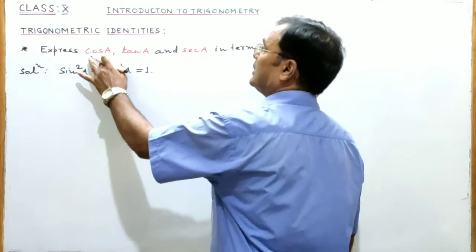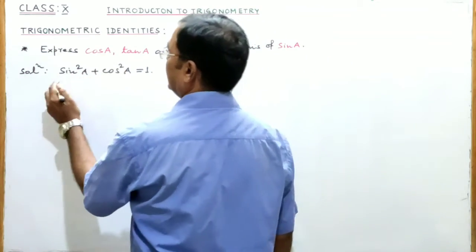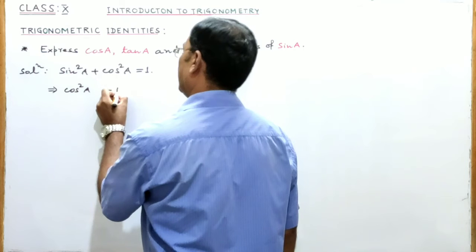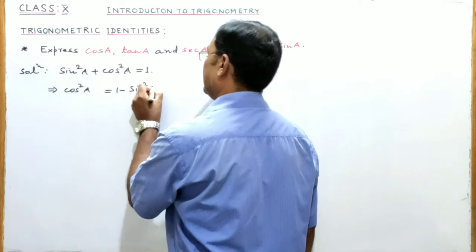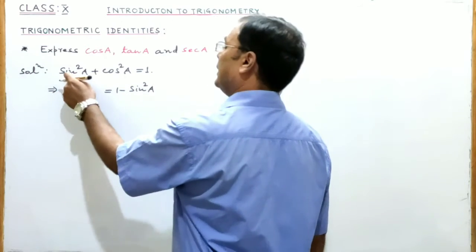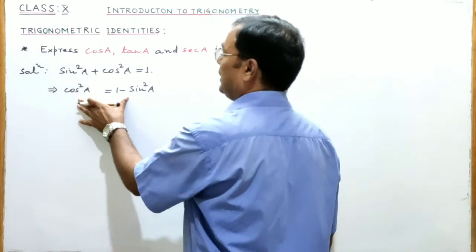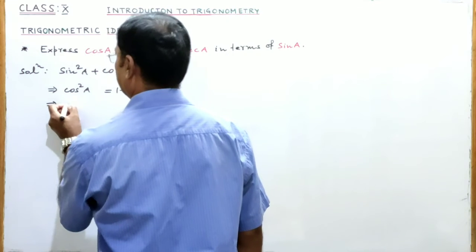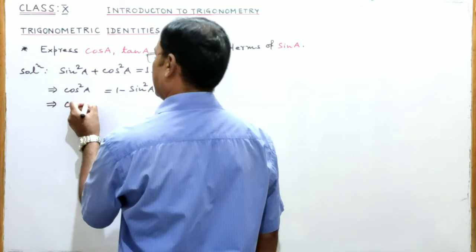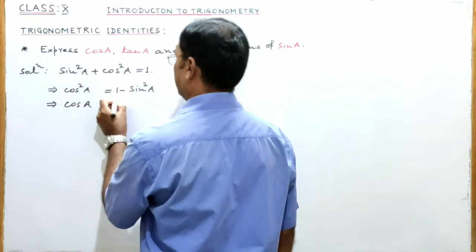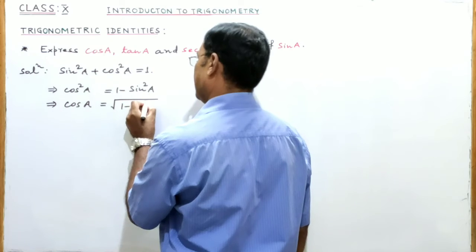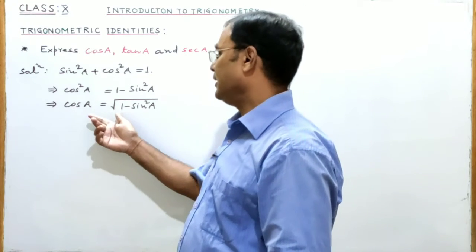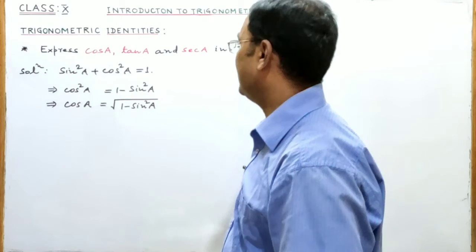We have to express cos A in terms of sin A. So from this identity we can write cos square A is equal to 1 minus sin square A. Sin square A is transposed from left side to right side, and we have got cos square A equal to 1 minus sin square A. Now taking square root of both sides, we can find cos A is equal to under root 1 minus sin square A. So this way cos A is expressed in terms of sin A like this, cos A equal to under root 1 minus sin square A.